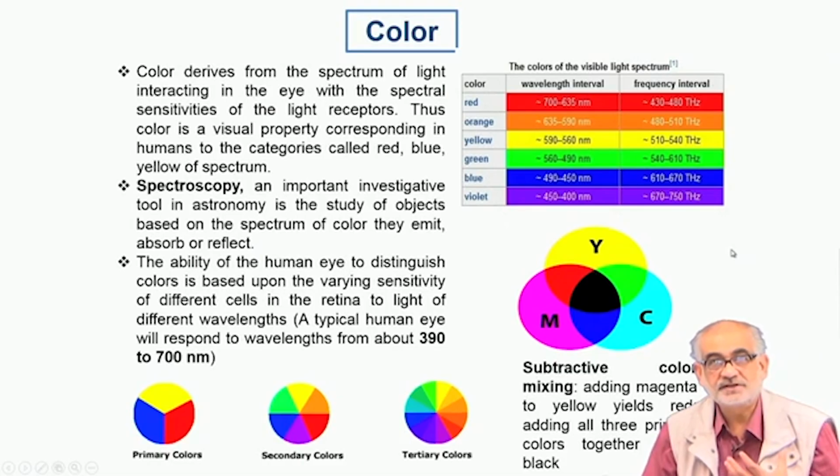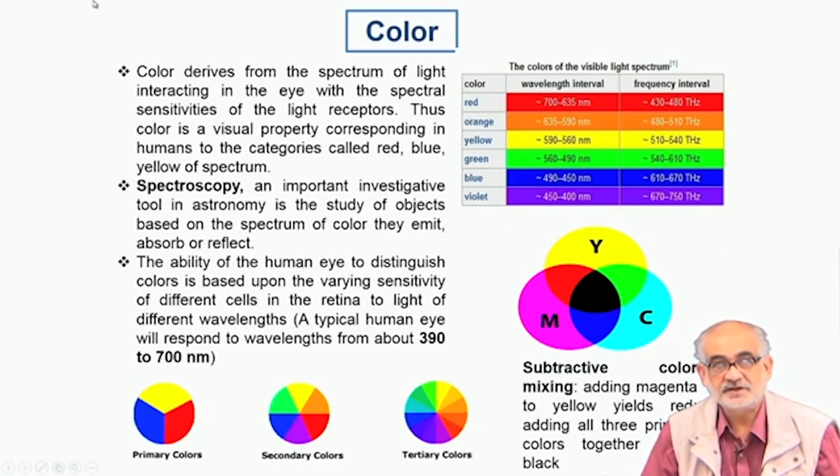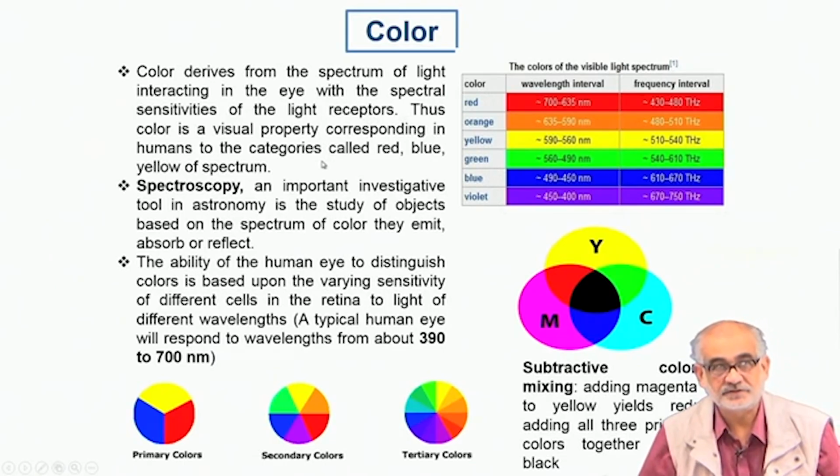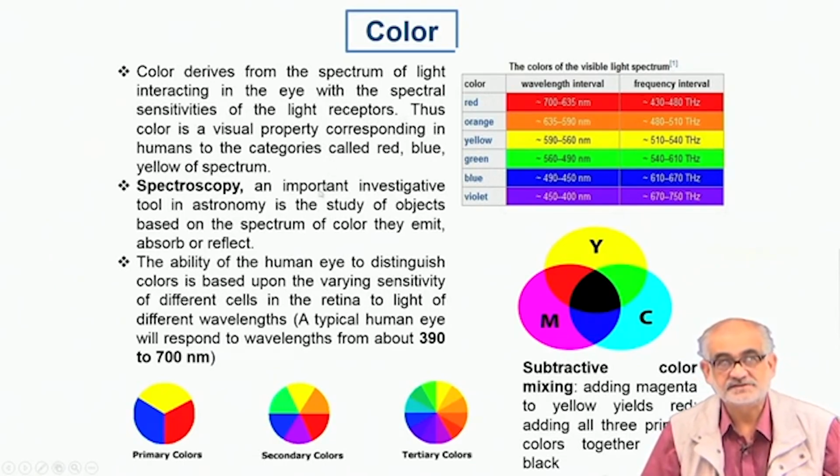So it depends on the receptors that we have in our eye, which are sensitive to different types of wavelengths. So what receptor is active for a particular view, and what wavelength is able to excite those receptors for a particular incidence.